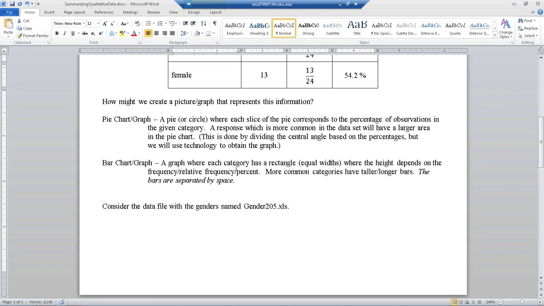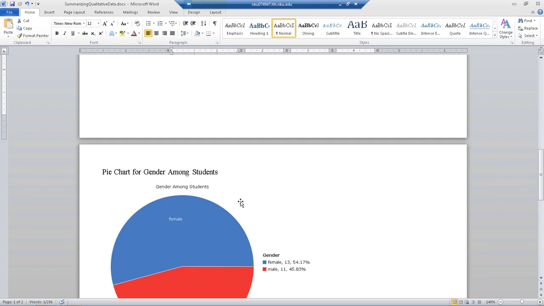The widths of the rectangles will all be the same, and then the height depends on the frequency, the relative frequency, or percent, whichever one that you use. The more common the category, the taller the bar is. And the bars are going to be separated naturally by space just to make it easy to look at.